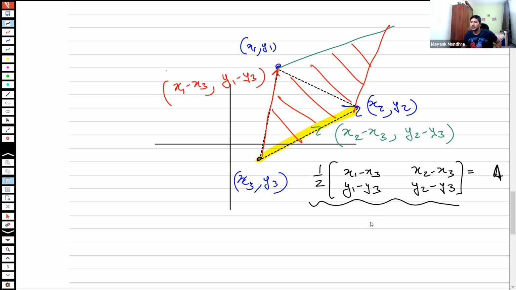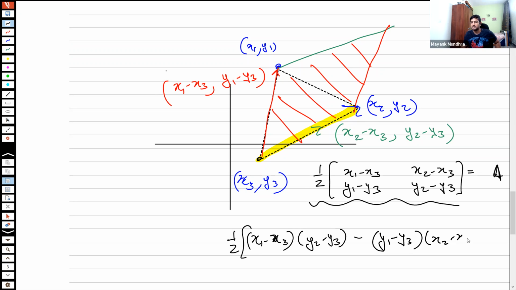So this is my answer. Now what is this answer? This answer is basically half times of x1 minus x3 into y2 minus y3 minus y1 minus y3 into x2 minus x3. So this is my area.